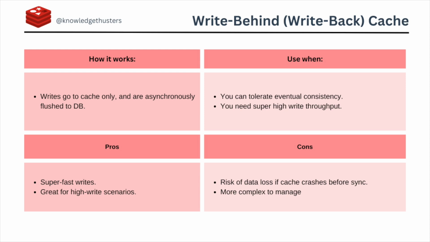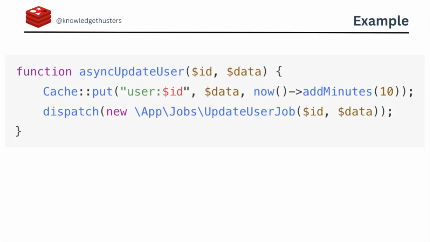The pros are that it is super fast and great for high-write scenarios, but the con is that there is a risk of data loss if the cache crashes, and it is more complex to manage. In the example, the cache put updates the cache, and the dispatch is a backend queue or job that takes care of updating the backend DB.